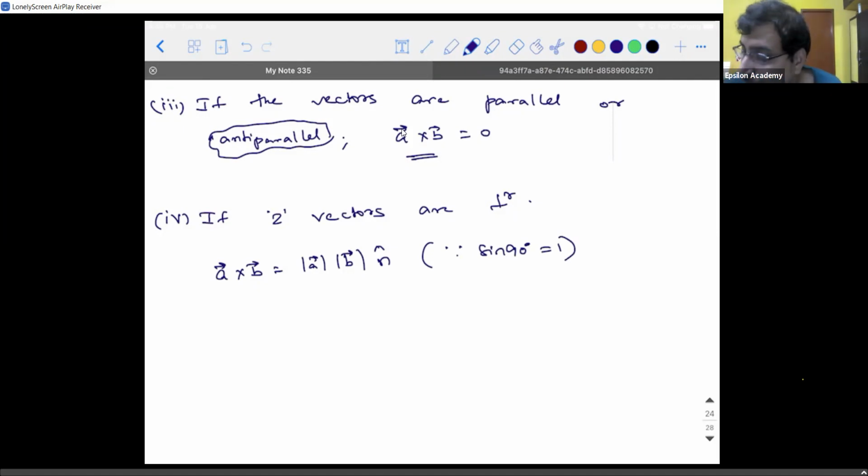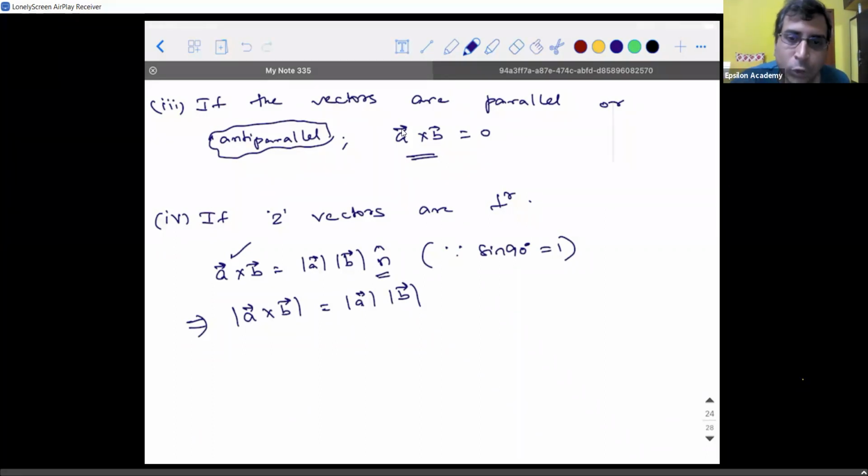Which also implies magnitude of A vector cross B vector is equal to magnitude of A into magnitude of B. Simple logic is, if you write A cross B without a modulus, you have to write this n cap. If you write A cross B with the modulus, you should remove that n cap. The reason I have already told you.